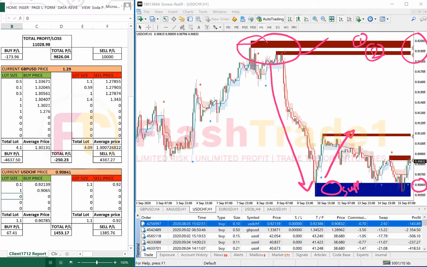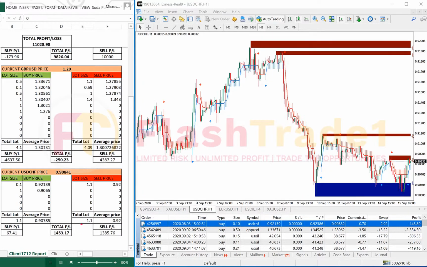Both lots are now 1.1. So it is already perfectly hedged with the same pair, and the loss of minus $140 is covered with the 1,400 profit. Here we want to say that we are not adding any position, we are not reducing his loss, and we can see that his $11,000 loss is now converted into an 11,000 profit.